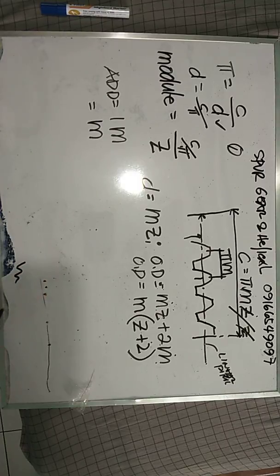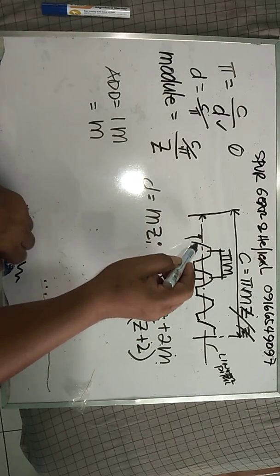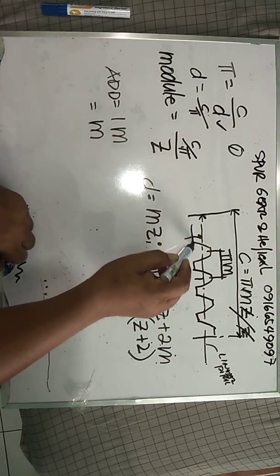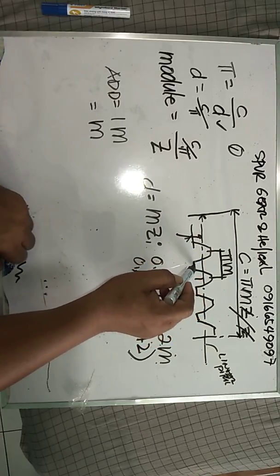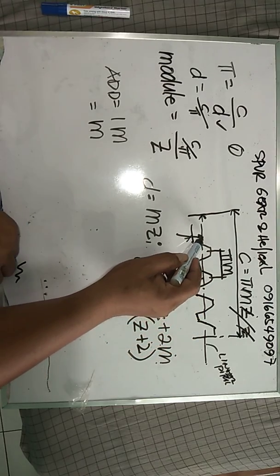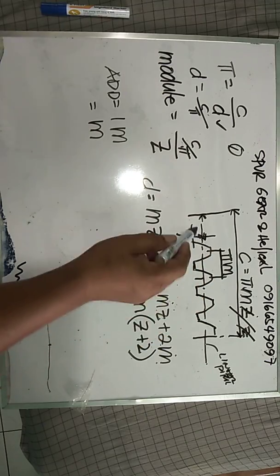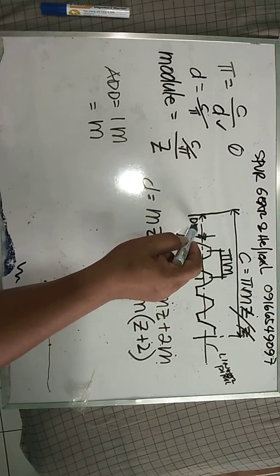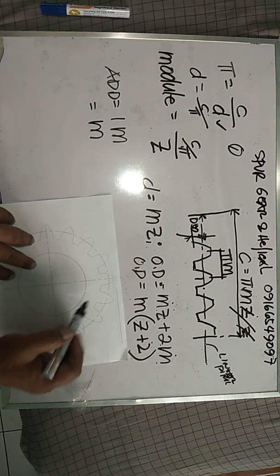How about its dedendum? The distance between the root diameter and the pitch circle diameter is called the addendum.